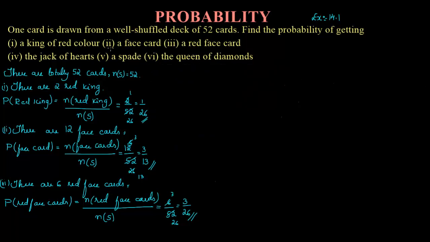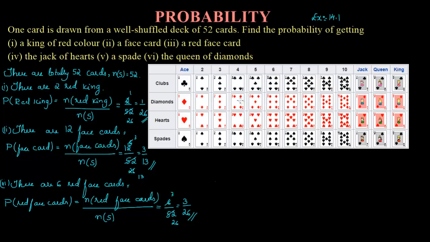Now the next part of this question, they have asked you the jack of heart. Okay, so they are asking you the jack. So come to the jack column of heart. How many jacks are there which are in heart, or which come into the category of heart? Only one, right? Because they have clearly said jack of hearts.